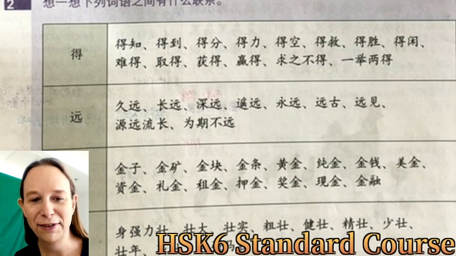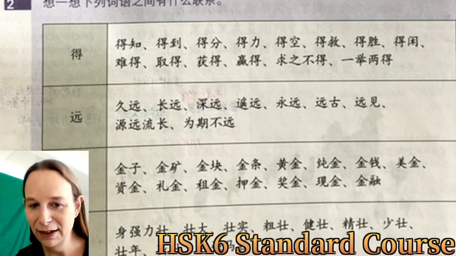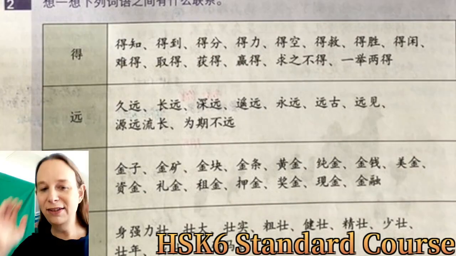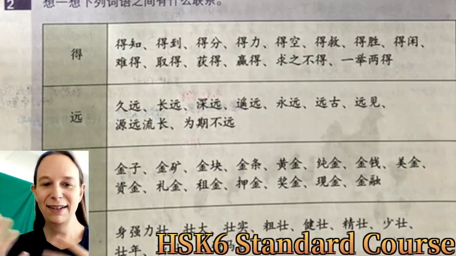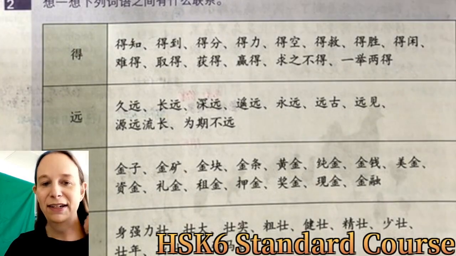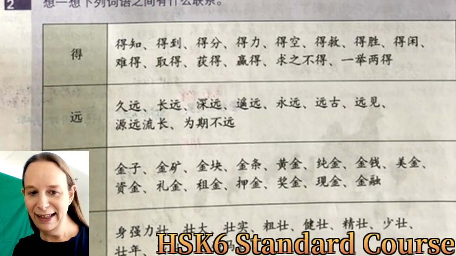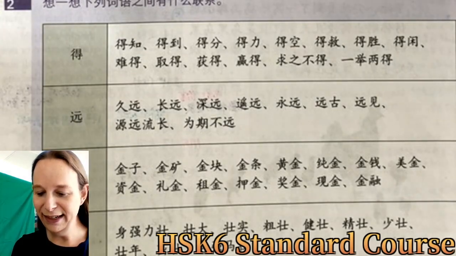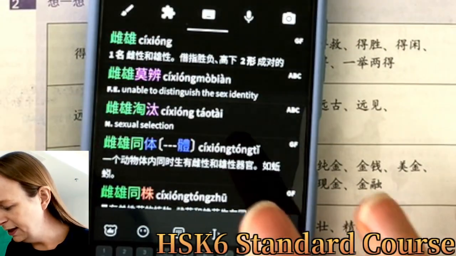Or when you learn of something, you 得知. It's a bit formal, but you use it when you want to describe, oh, when I learned of this situation, I acted immediately, that kind of thing. But maybe I didn't do anything for years because I didn't know. 得知.